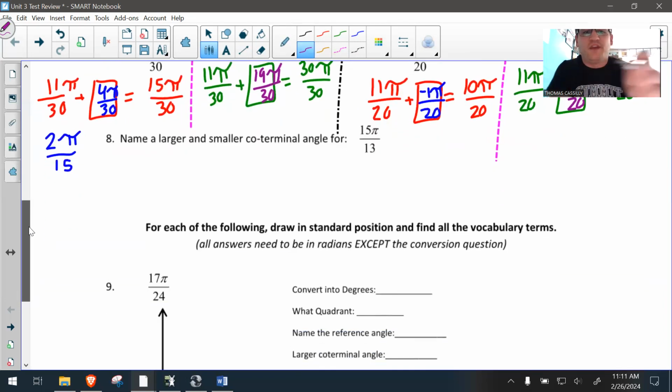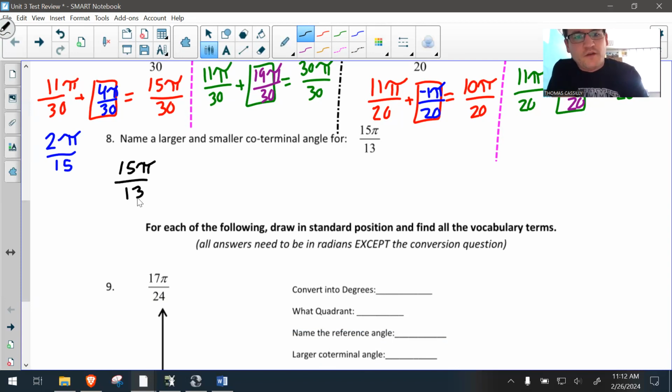Right? Name a larger and smaller coterminal angle. So to figure out coterminal angles in degrees, we added 360 and then we subtracted 360, right? That got us the bigger one and the smaller one. So what we have to do here, if we are looking for the coterminal angles for radians, we're going to have to take our starting angle, so our 15 pi over 13, and to figure out the bigger one, we're going to add 2 pi.